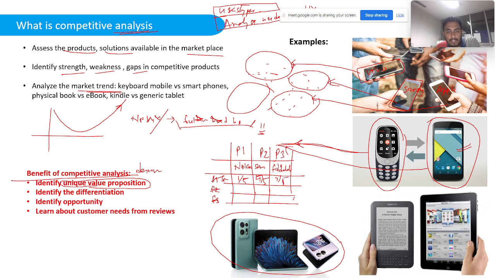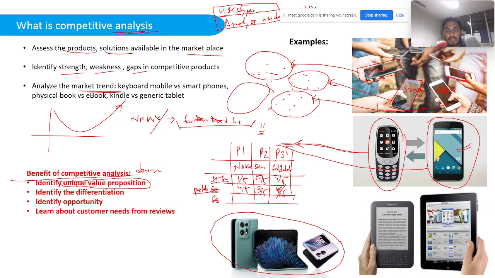If your next feature is portability, this is 4 out of 5. Now Samsung phones are very big, so you can say it is 3 out of 5. But if you have a foldable, that means this is 5 out of 5. Okay, when we have a folding phone, that means it is easy to carry and easy to handle. That's why we are giving more score for this particular feature.